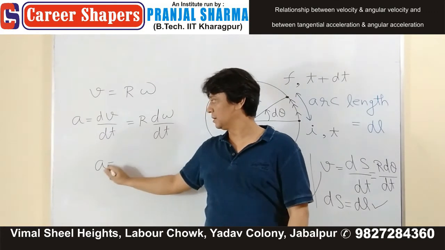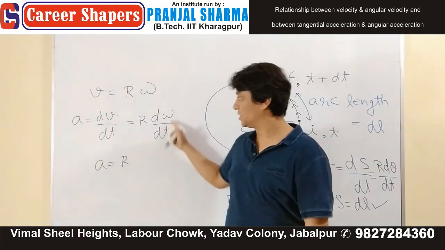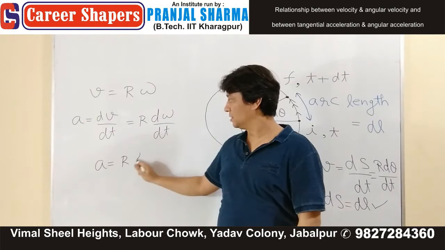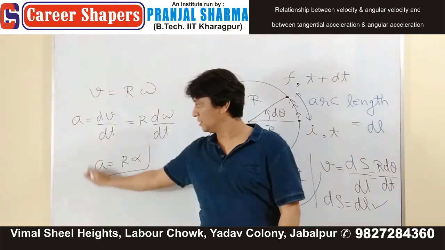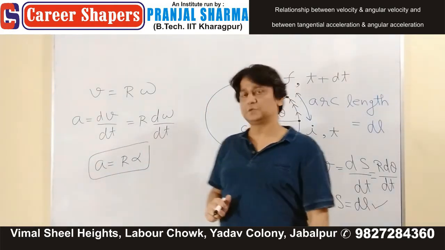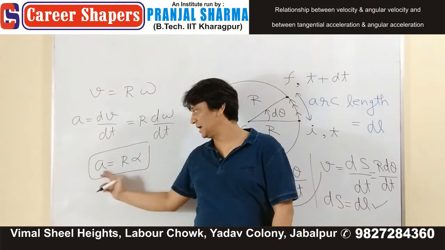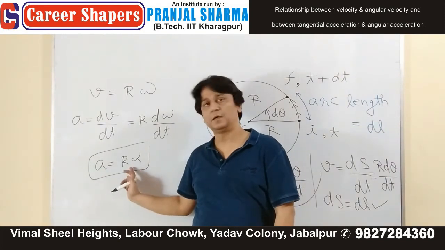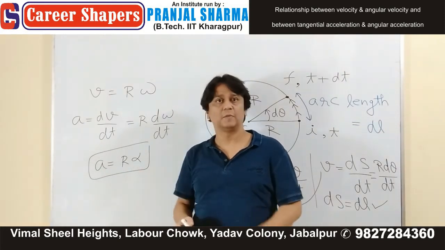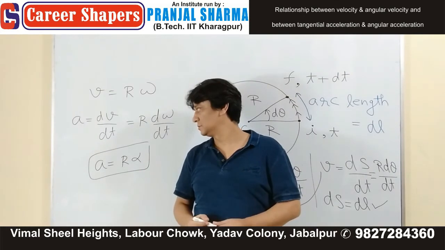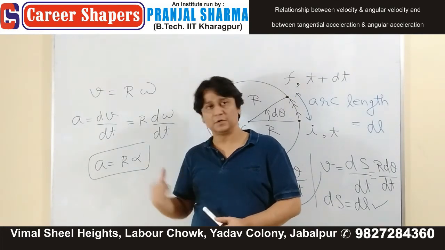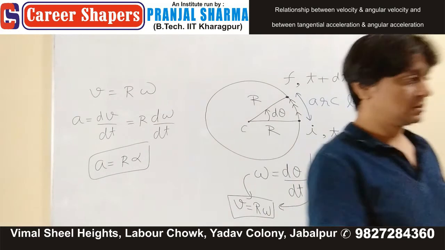So a equals R times, what is d omega by dt? Alpha. This is the relationship between acceleration and angular acceleration. Note all this and then I'll ask you a question.